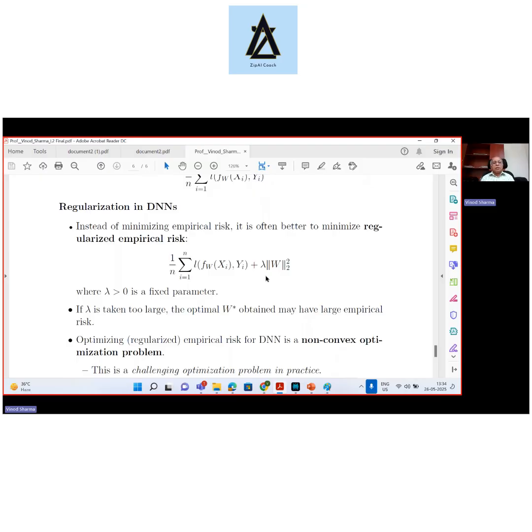If we take lambda to be very large, then in minimization the second component is given much more emphasis, and the optimal solution will be such that the second component will be low, while possibly the empirical risk component can be large, which of course you don't want. Therefore, lambda has to be chosen appropriately, not too small and not too large.